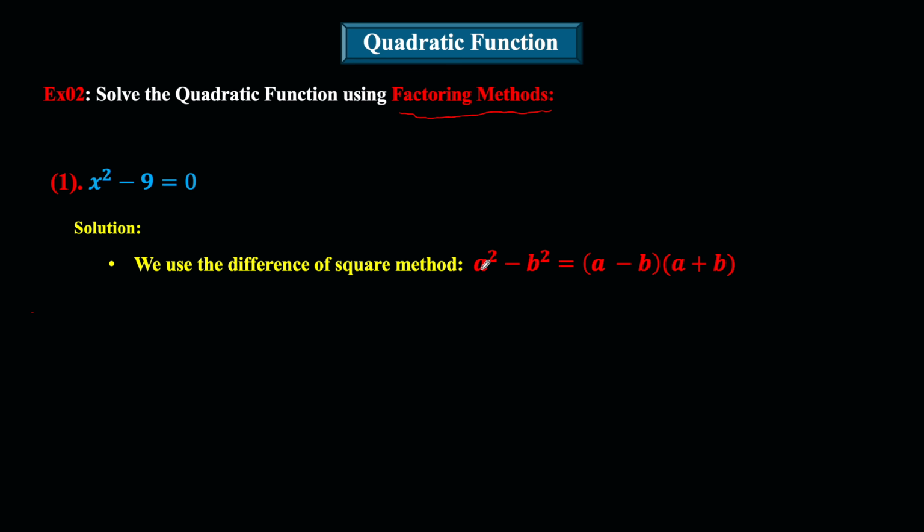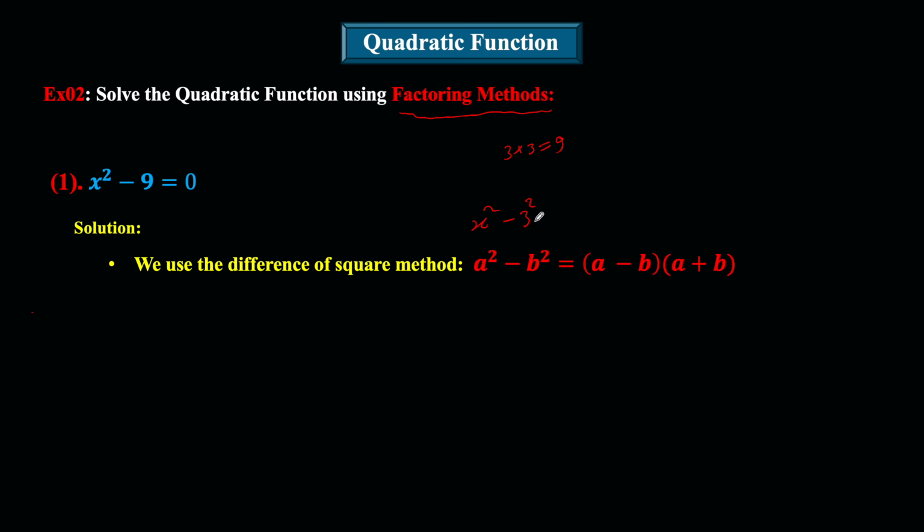This method is a squared minus b squared when you have this type of equations. Actually, this is x squared, okay? X squared. Minus, we have minus 9, which is 3 multiplied by 3, which is equal to 9, right? So we take 3 squared, okay? 3 multiplied by 3 is the same as 3 squared.